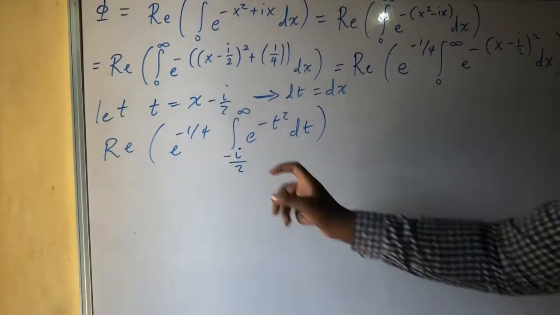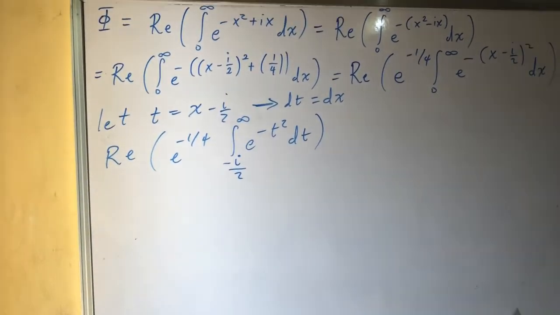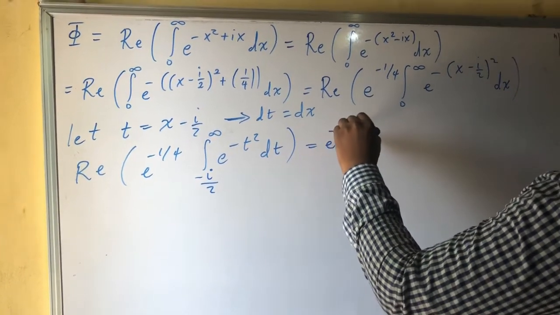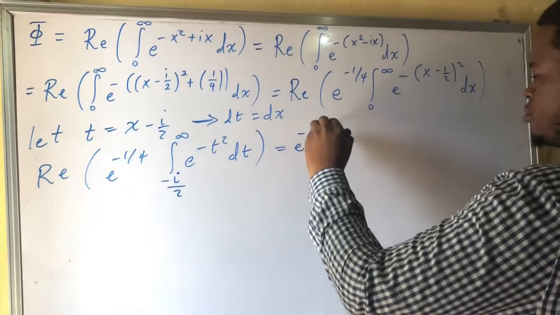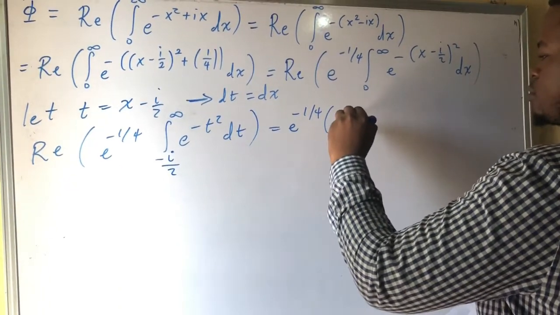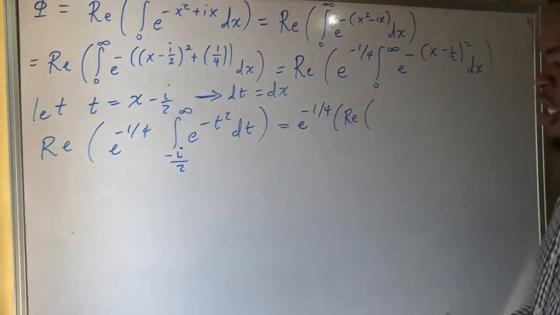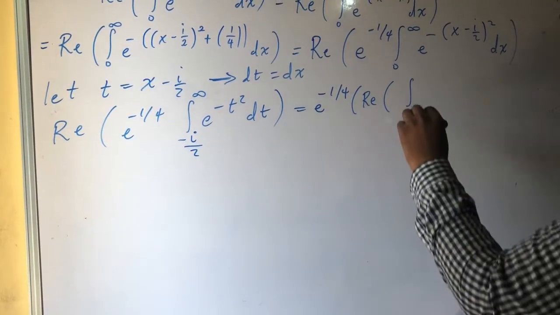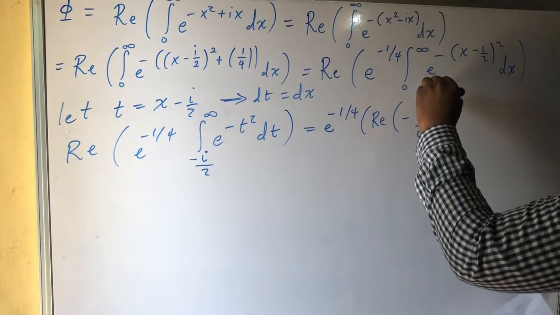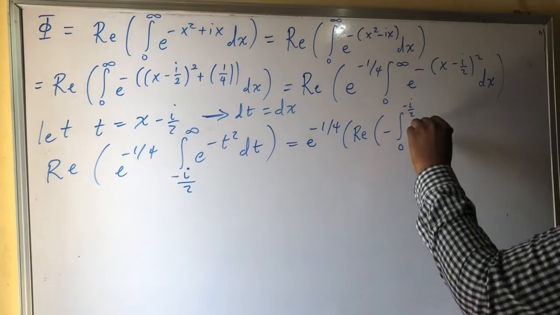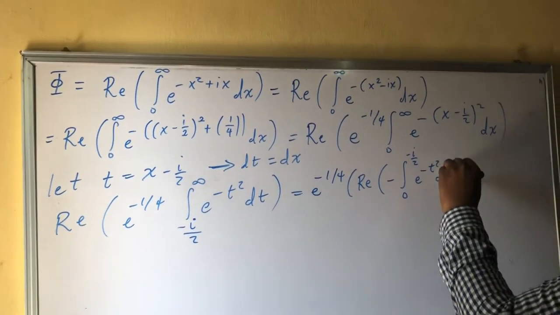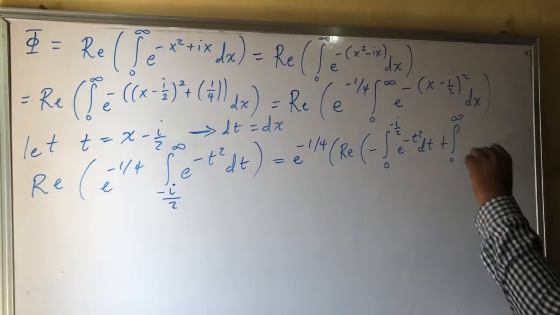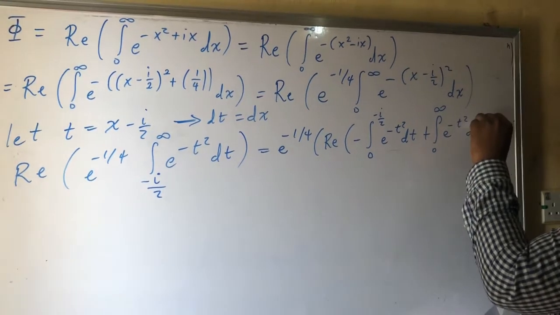Are we together? So we just have to break this integral into two parts and have something that looks related to this. I can break it this way. The integral will go from 0 to minus i over 2 of e to the negative t squared dt plus the integral from 0 to infinity of e to the negative t squared dt.